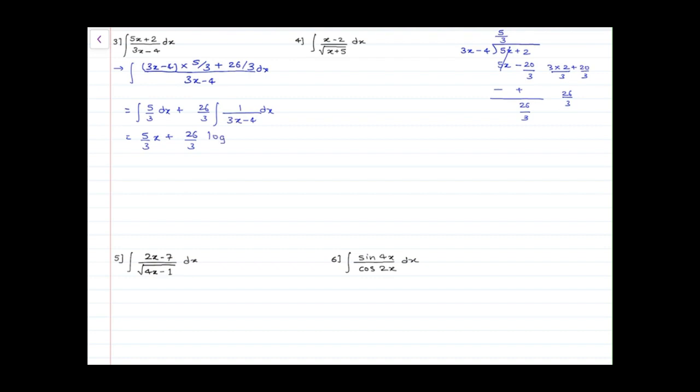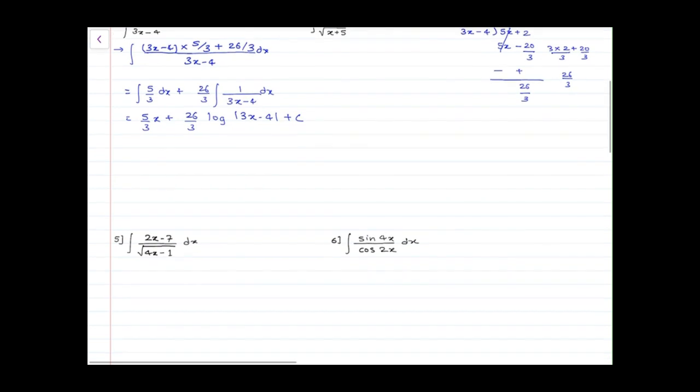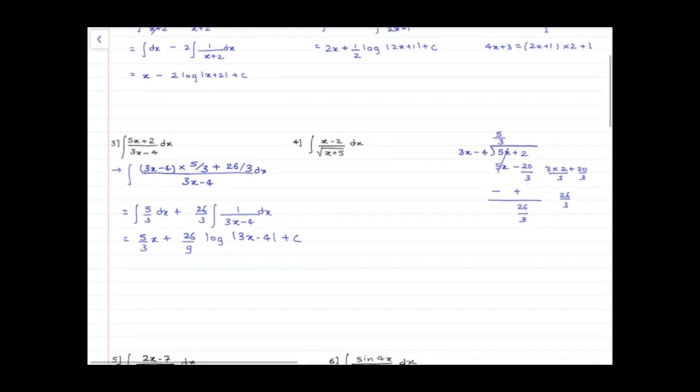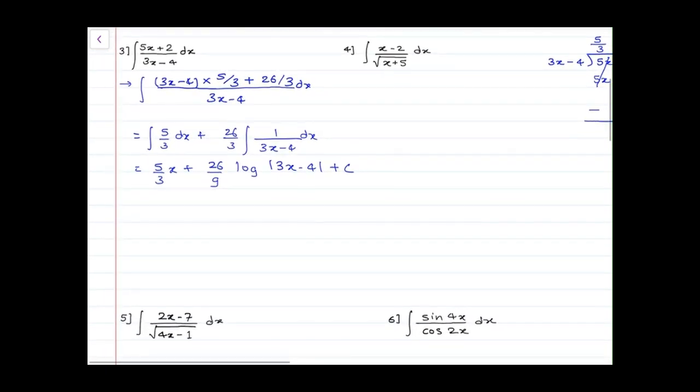We all know the integration, right? Here we need to keep in mind, we should not forget to divide the term after integration with the coefficient of x. So it will become 26 by 9. Let's move to the next question.